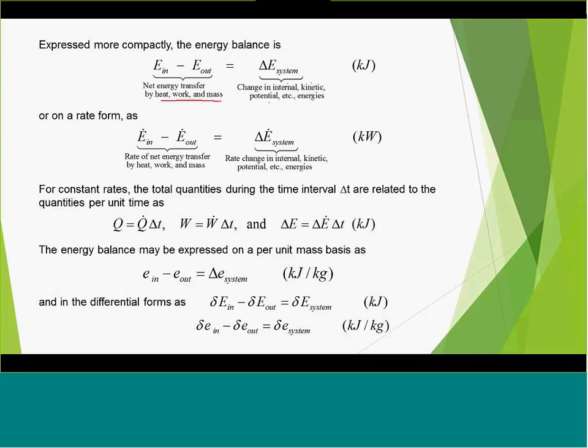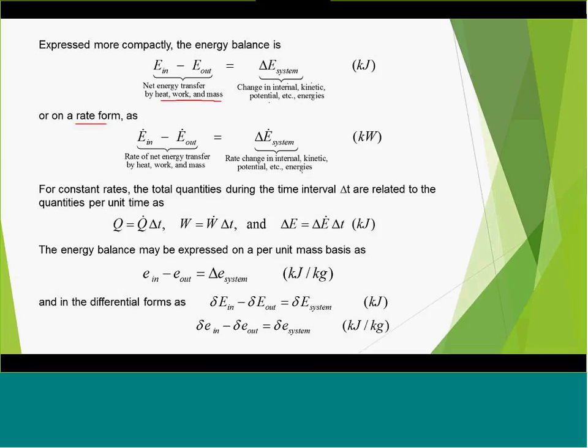So when we consider it in a rate form, that's why we put a dot over there. Fine. So you're going to have the rate of net energy transfer by heat, by work, or by mass. You can also have the rate of change in internal, kinetic and potential energy.